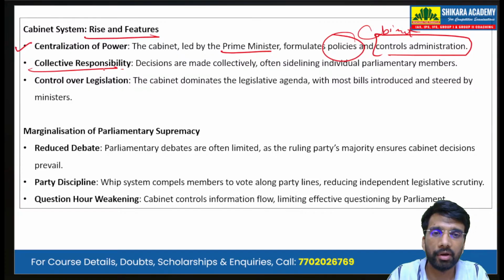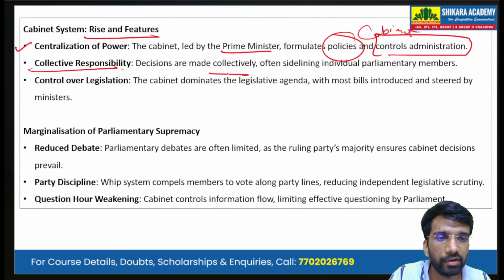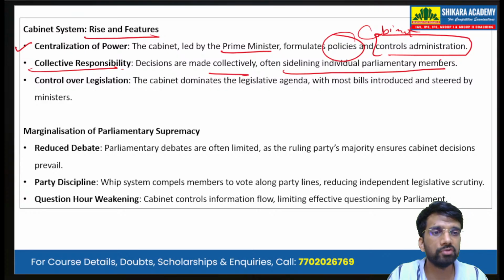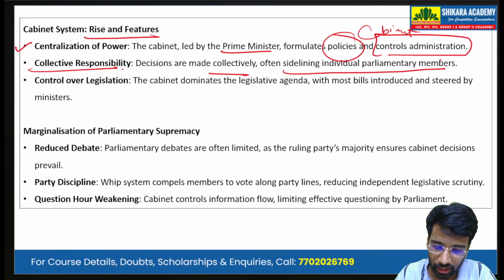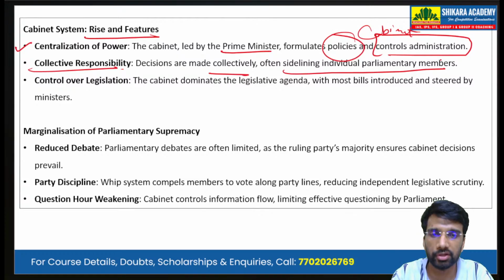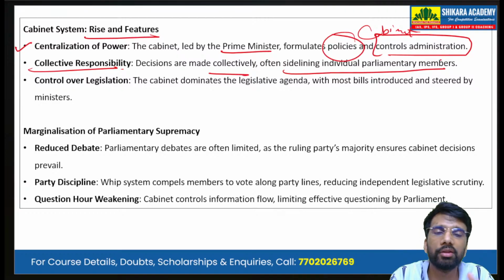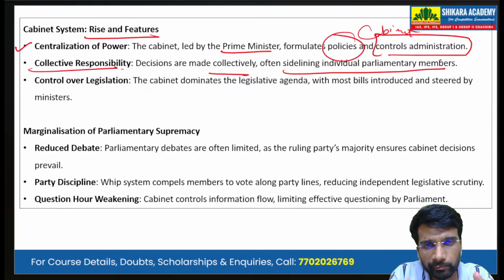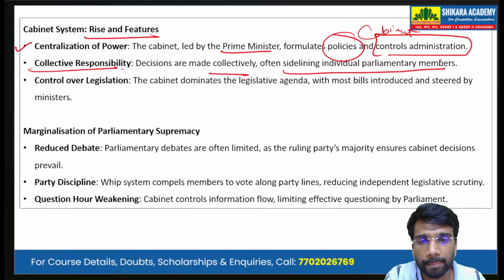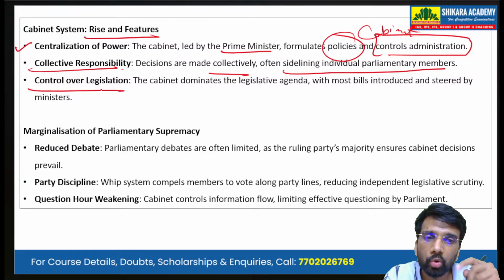In a cabinet, the decisions are made collectively, often sidelining the individual parliamentary members. So the entire decision of the cabinet is a collective decision, even if a couple of the cabinet members, who are members of the parliament themselves, have an opinion or view, it can be sidelined. Third is the control over legislation.